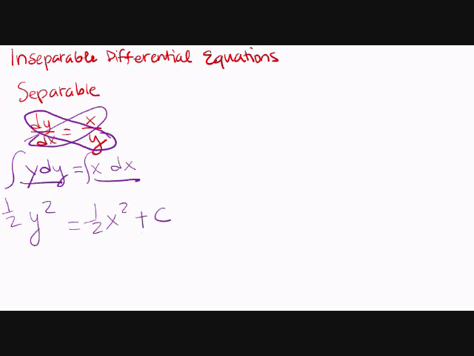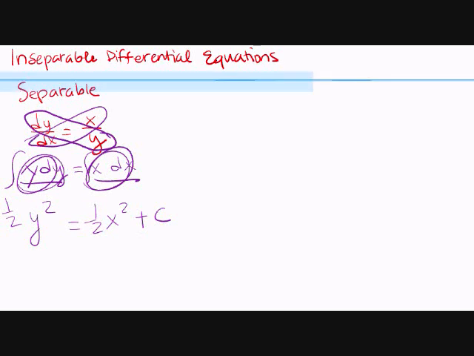Then you can multiply by 2 to simplify that out a little bit. But we're good with that. So that's separable because we could easily get y and x on the same side. But just because you can't get y on one side and x on another side like we did so easily here doesn't mean you can't solve it.